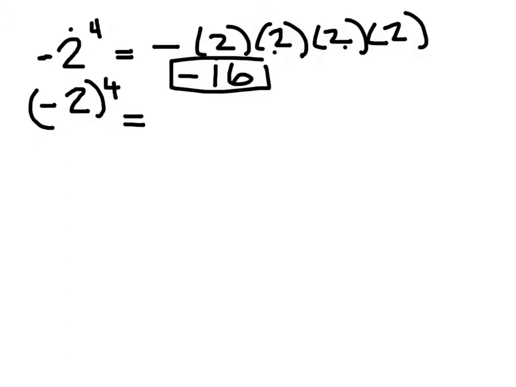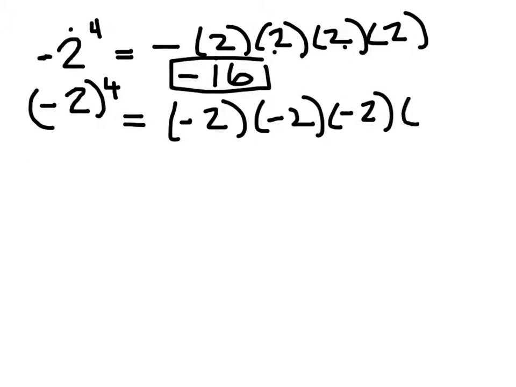This is so different from minus 2 to the 4th power, because the minus 2 is being included in the 4th power. So I'm going to say minus 2 times minus 2 times minus 2 times minus 2.